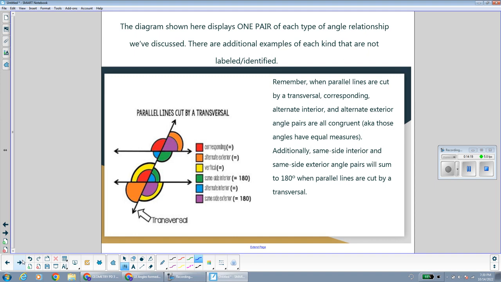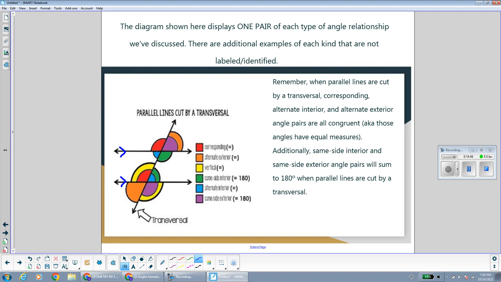Here is a diagram that shows the angle relationships that we talked about. Remember, when parallel lines are cut by a transversal, corresponding, alternate interior and alternate exterior angle pairs are all congruent. Once again, we need to know that we have parallel lines cut by a transversal in order to know that those relationships are true.